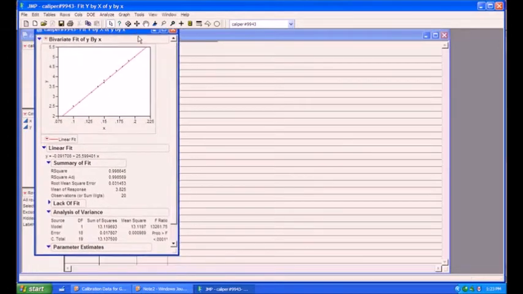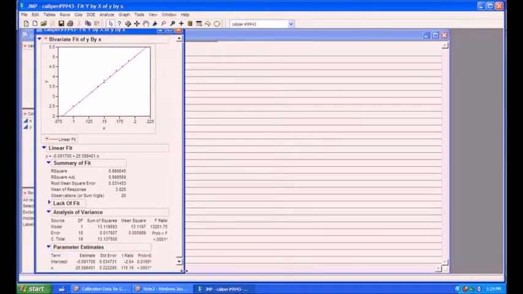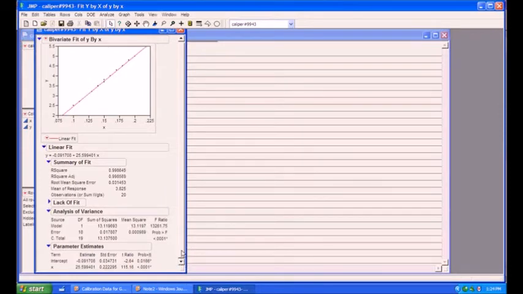By telling it to fit a line, I get this report, and what I want to do now is to talk about some things that I can learn from this JMP report and make inferences for this caliper.